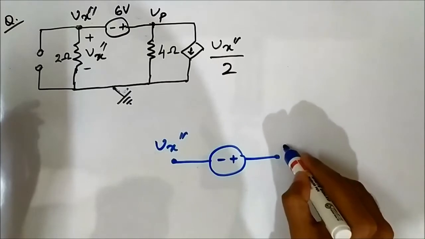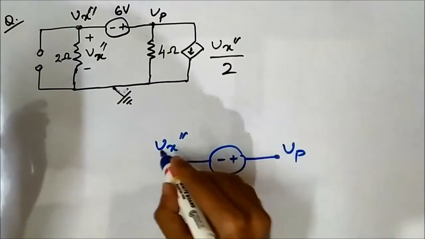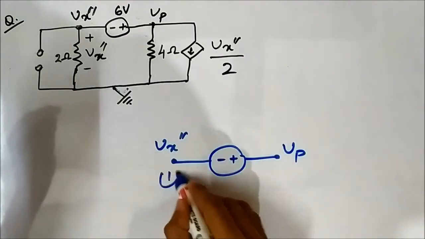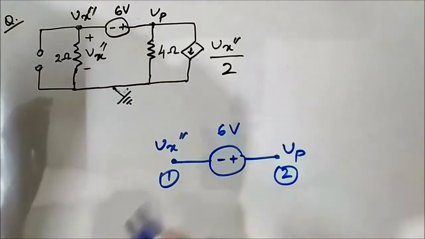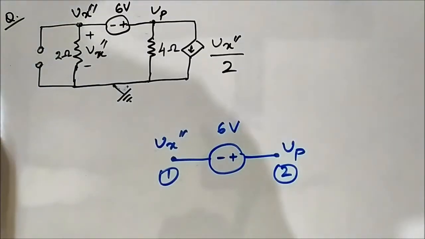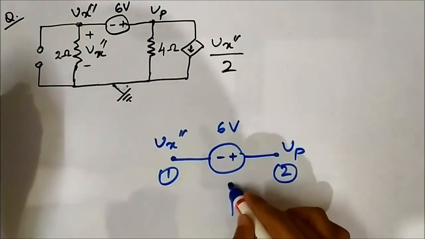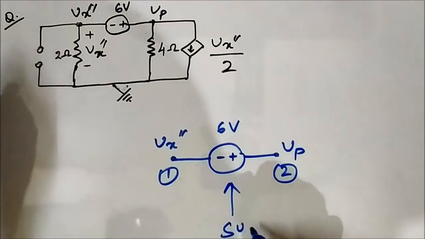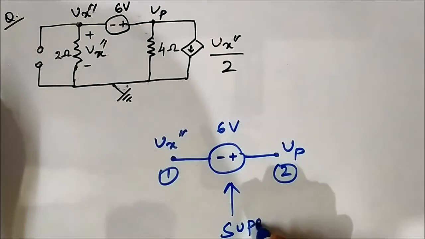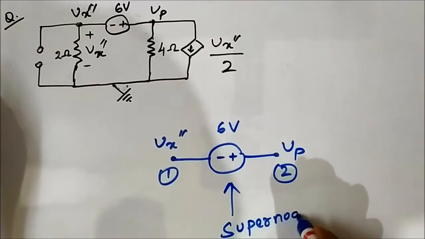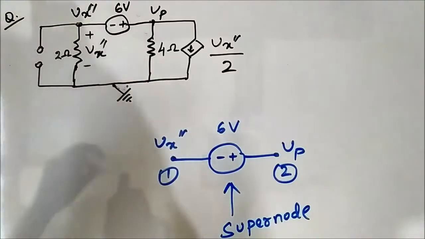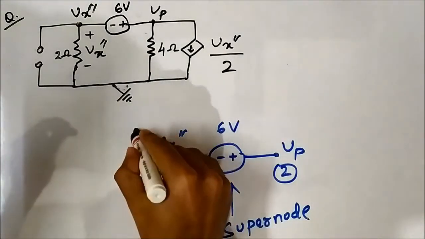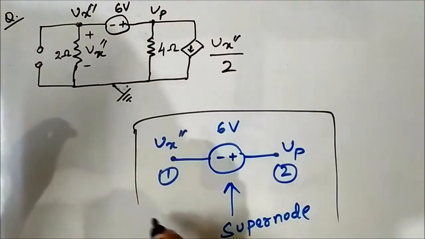and this Vp, these two nodes have this voltage source in between. So this becomes a super node. We combine it to form one node, which is super node.